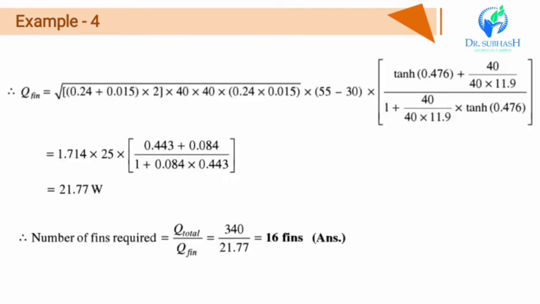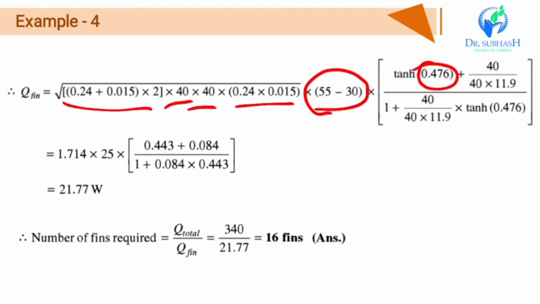Now substituting the values in the previous equation, as I showed, Q is equal to under root of Hp into Ka multiplied by temperature difference T0 minus Ta, into the bracket [tanh ml plus H by Km upon 1 plus H by Km into tanh ml]. Here P is equal to 2 into (b plus y), multiplied by the heat transfer coefficient, cross sectional area, and temperature difference 55 minus 30.